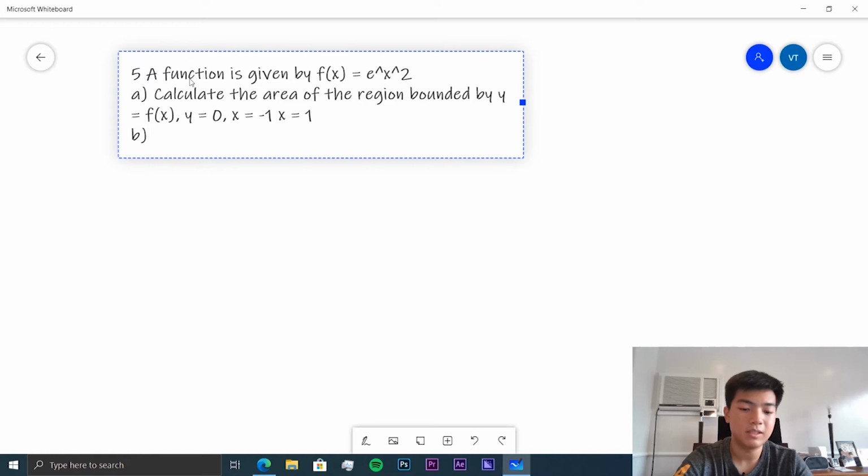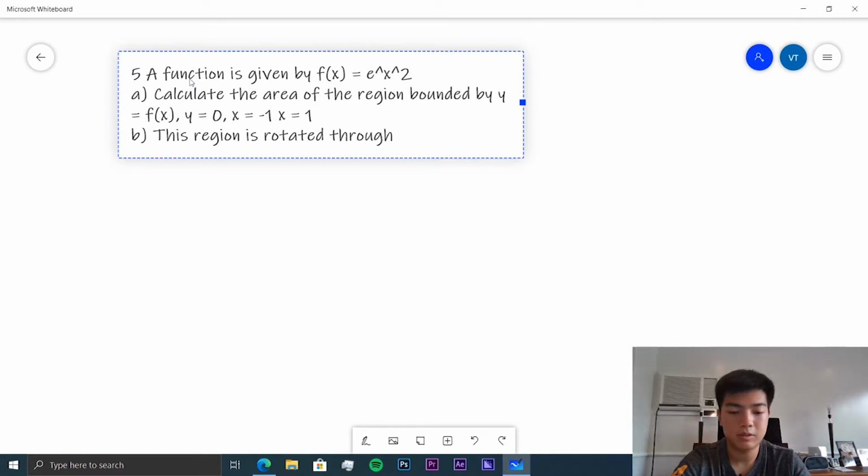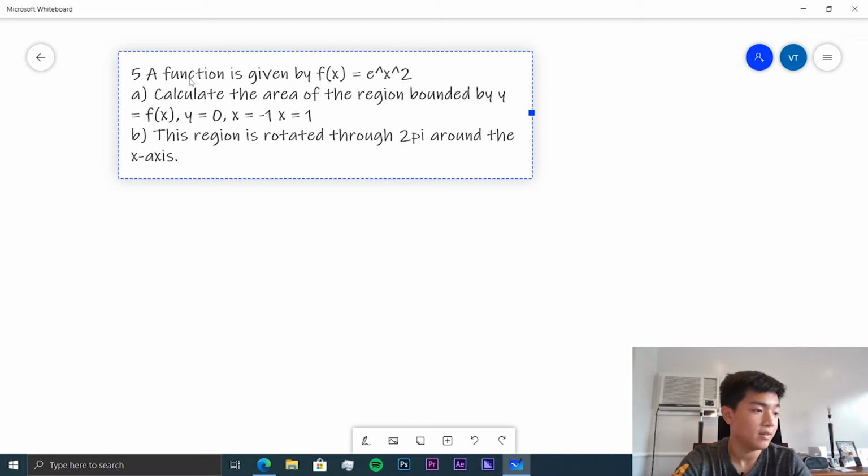And finally, this region is rotated through 2 pi around the x-axis. Find the volume of the solid generated.